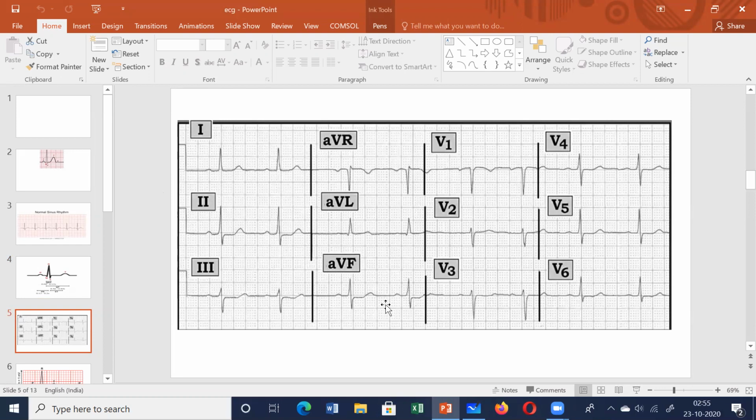If you remember, AVR denotes the base of the heart, AVL lateral, AVF inferior surface, V1, V2 the septum, V3, V4 the anterior surface, and V5, V6 the lateral surface of the heart. Lead one mainly denotes the lateral surface, and leads 2 and 3 mainly denote the inferior surface of the heart.